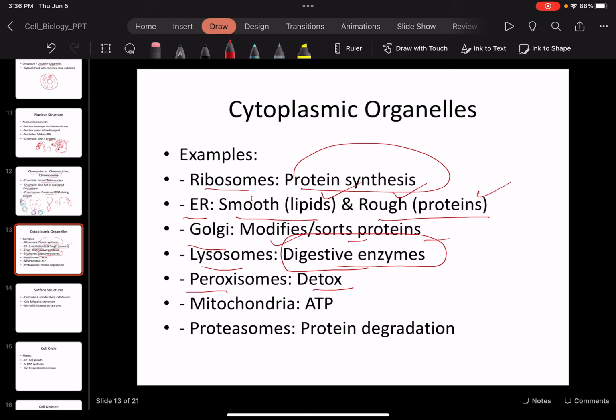Peroxisomes detox, dealing with chemicals. Mitochondria produce ATP, which is energy. Proteasomes do protein degradation. When some proteins malfunction and don't form the way they're supposed to, degradation happens through the proteasomes.